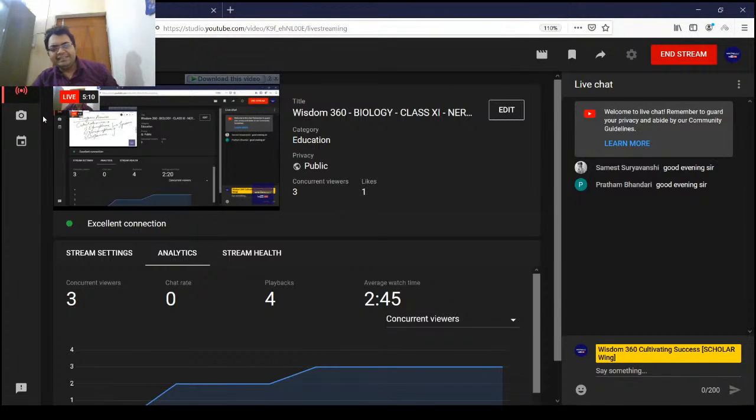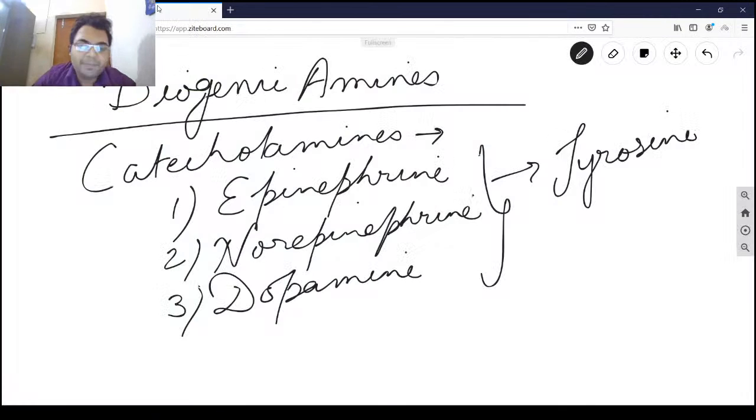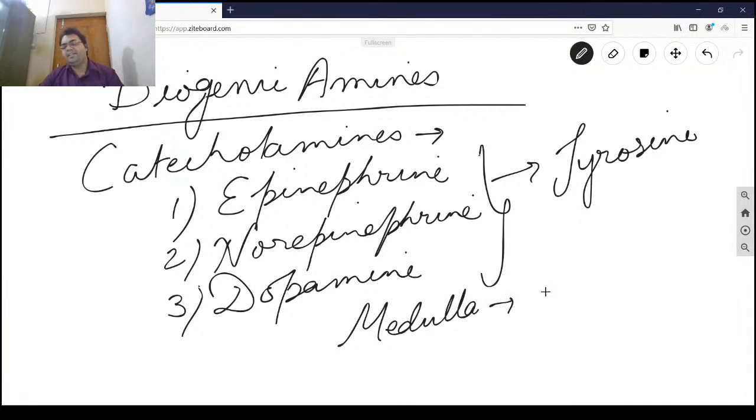So the answer is, since it's a hormone, it must be secreted by a gland. So epinephrine and norepinephrine are secreted by the medullary region of the adrenal gland.